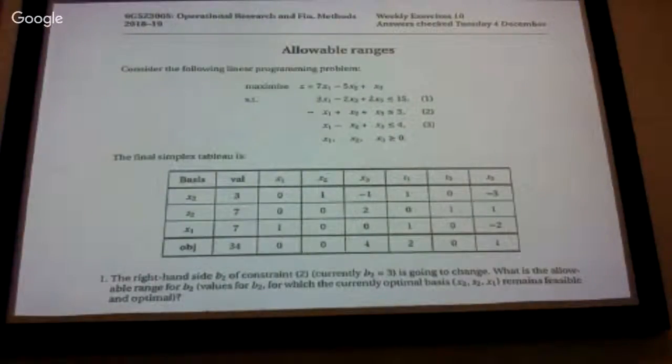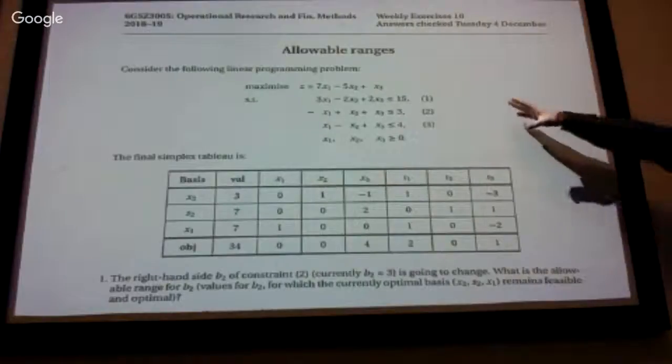And we kind of started this thing that I called ranges or something like that in the previous lecture, in last week's lecture, I think. And the idea of this is usually to decide how much you can change things.